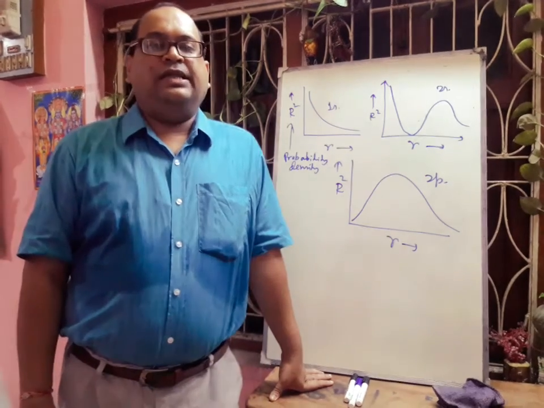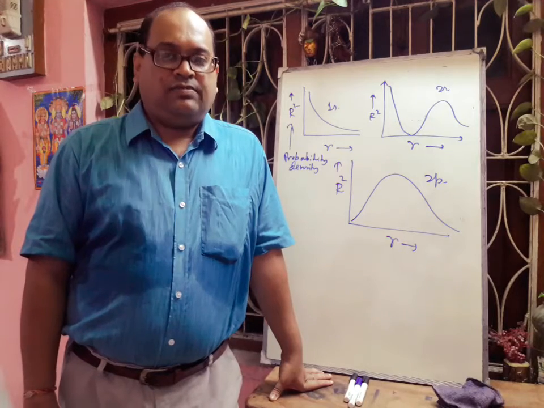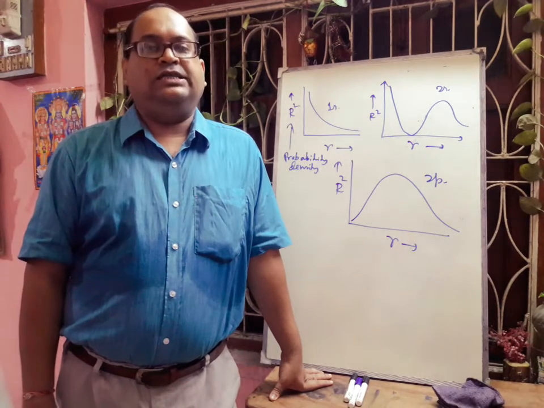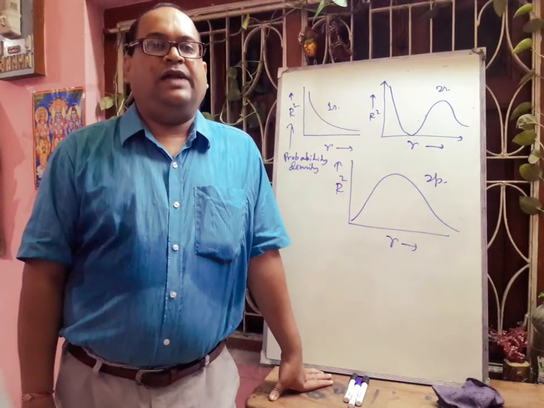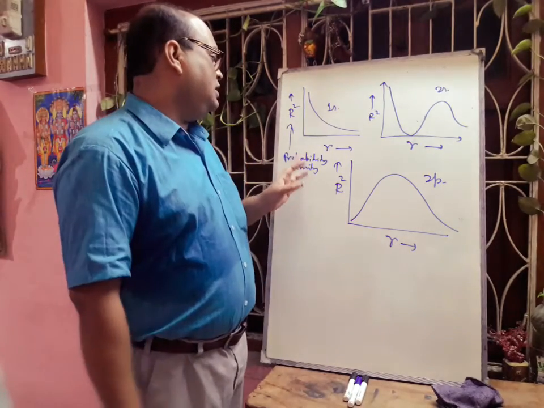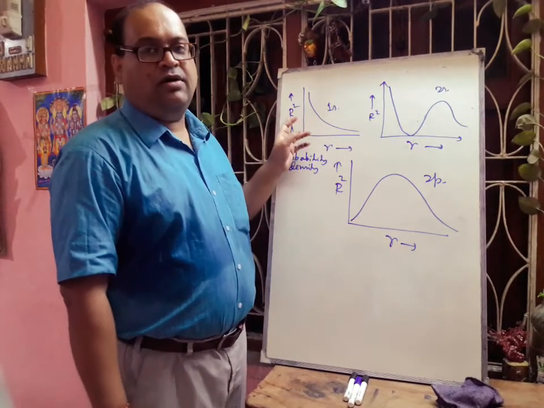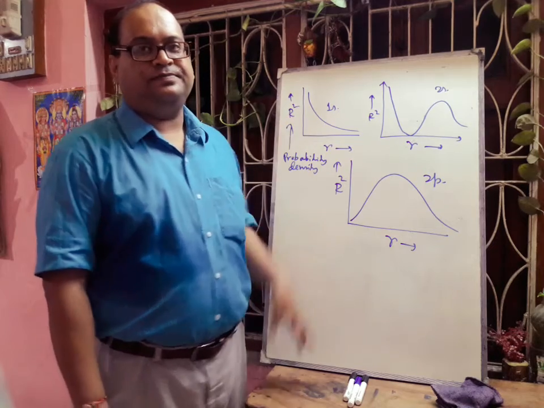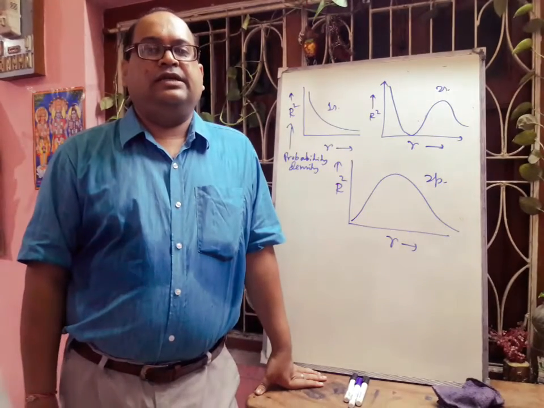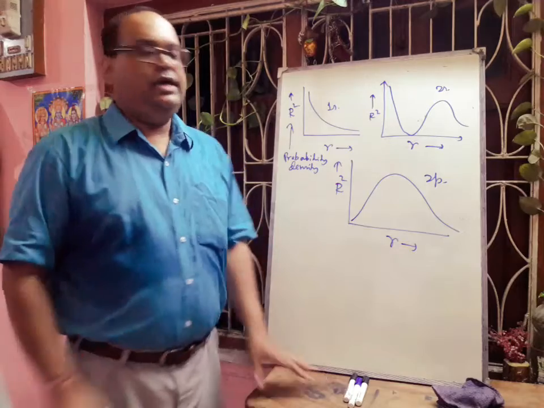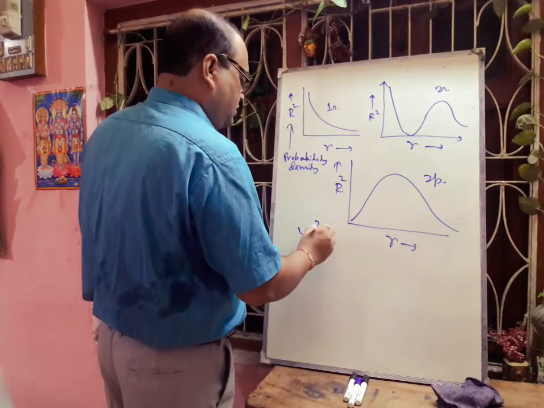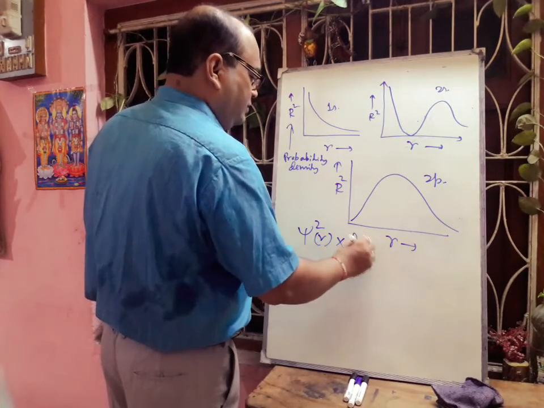Next, radial probability density curve. In order to determine the total probability in an infinitesimally small region, we have to multiply this probability density, that is the psi square r, or this part, or R square, by the volume of the region. Then the probability will be psi square r into dV.